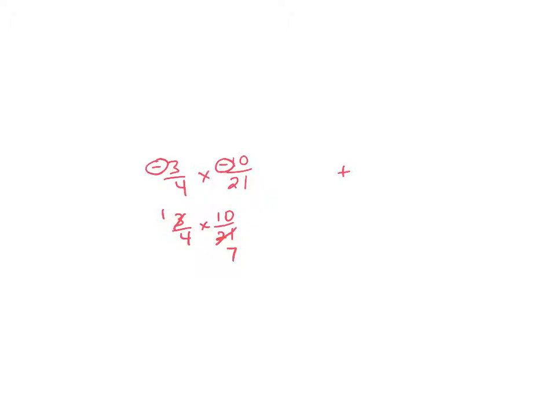And as far as the 10 and the 4, I can factor out a 2. 4 divided by 2 gives me 2. 10 divided by 2 gives me 5. So now I'm going to multiply straight across. 1 times 5 gives me 5. 2 times 7 gives me 14. And once again, I knew that the answer was a positive, so my final answer is just 5/14.